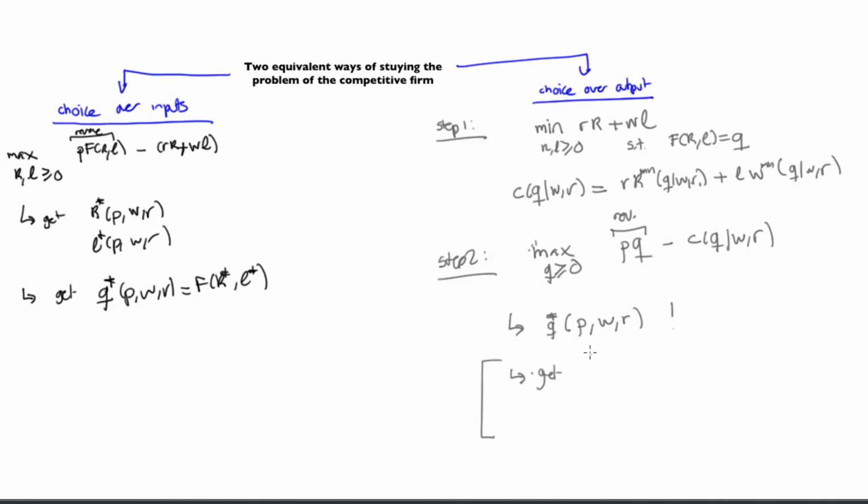Basically L star of P, W, R, the input demand, is just going to be the amount that minimizes the cost, which is going to be L min of Q star, the amount that you produce given W, R, and the same thing for K star.